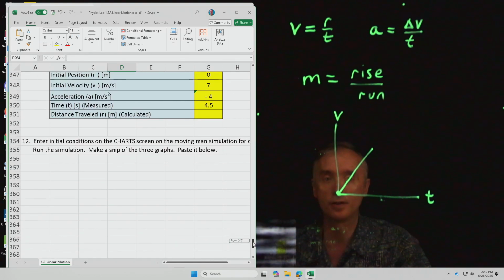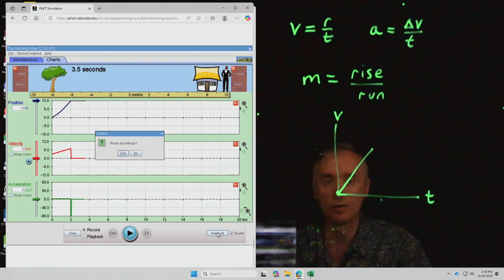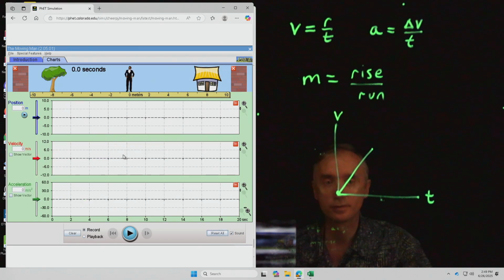Okay, now here's the hardest question here. You're going to take all of this data and you're going to put it into your simulation. So you're going to go back to here. Now we're going to click on the acceleration one. Reset all. Yes. Okay, we're going to put in the initial position, the initial velocity, the initial acceleration, and then we're going to run it.